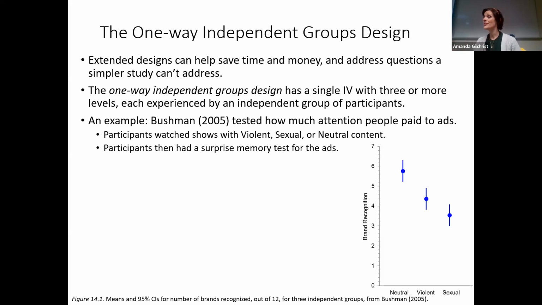The people that got neutral content watched something like America's Funniest Home Videos or some sitcom, neutral emotional content. But there's this idea that things like sex or violence might be more attention getting. And so Bushman had 2 additional levels where people were either shown violent content, they watched the show Cops, or they watched sexual content, they watched Sex and the City.